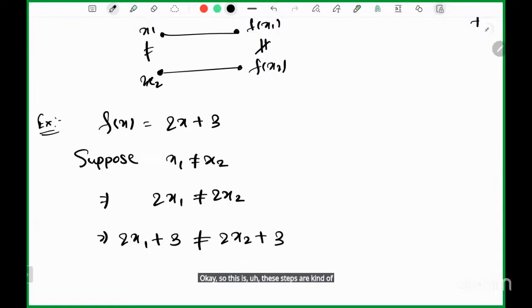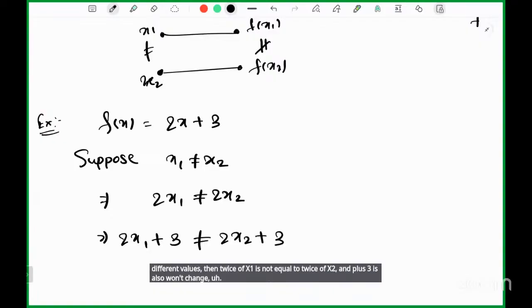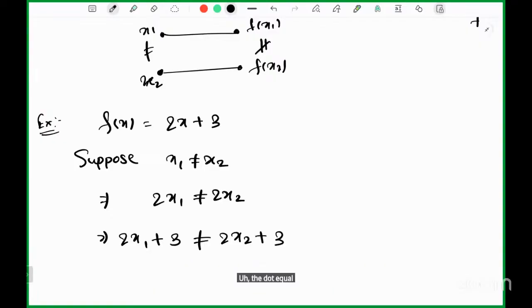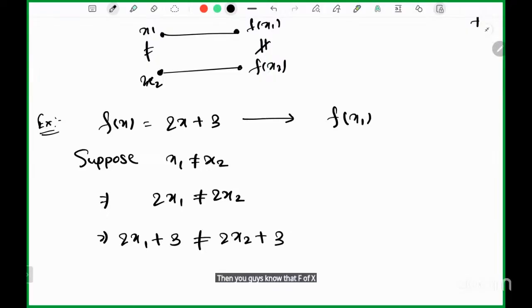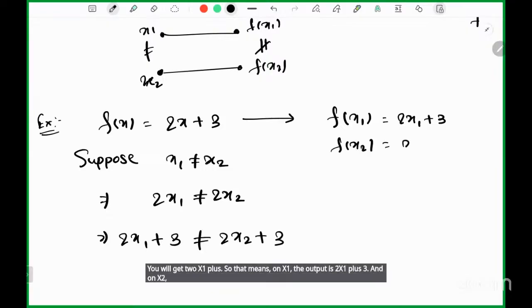If you take two different values, then twice of x1 is not equal to twice of x2, and adding 3 won't change the inequality. Again, 2 of x1 plus 3 is not equal to 2 of x2 plus 3. Why am I doing this step? Because if your function is 2x plus 3, then f of x1, substituting x1 in place of x, gives 2x1 plus 3. So on x1 the output is 2x1 plus 3, and on x2 the output is 2x2 plus 3.